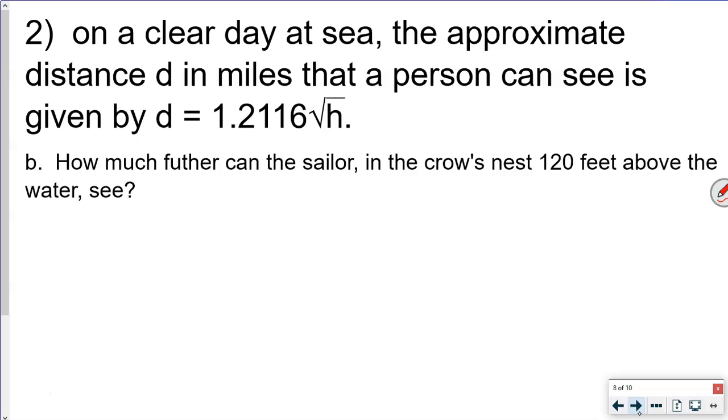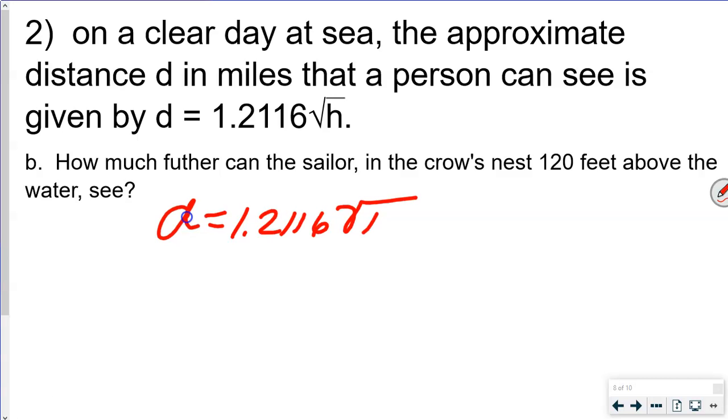Then we're going to go on to part B. It says, how much further can the sailor in the crow's nest 120 feet above the water see? For this problem, again, use d equals 1.2116 times the square root of h.